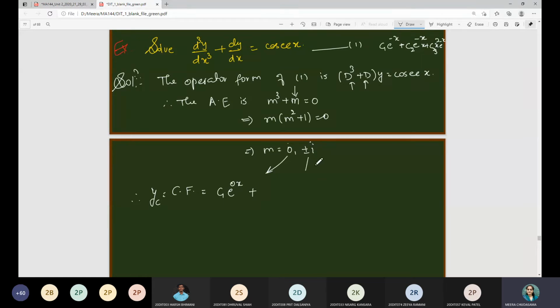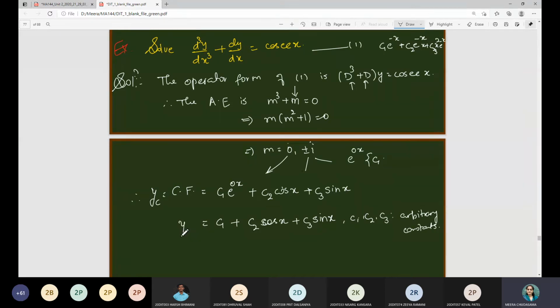Corresponding to plus and minus i, what will be the solution? Again e raised to 0x times (c2 cos x plus c3 sin x), since c1 is already used. So c1 e raised to 0 is c1, plus c2 cos x plus c3 sin x, where c1, c2, c3 are arbitrary constants.